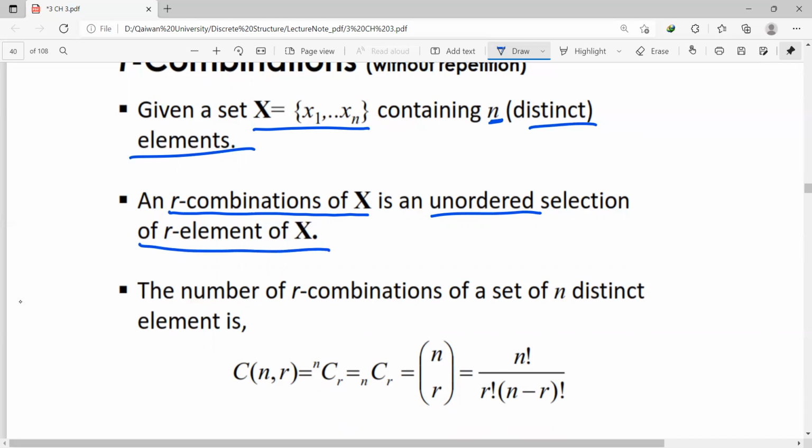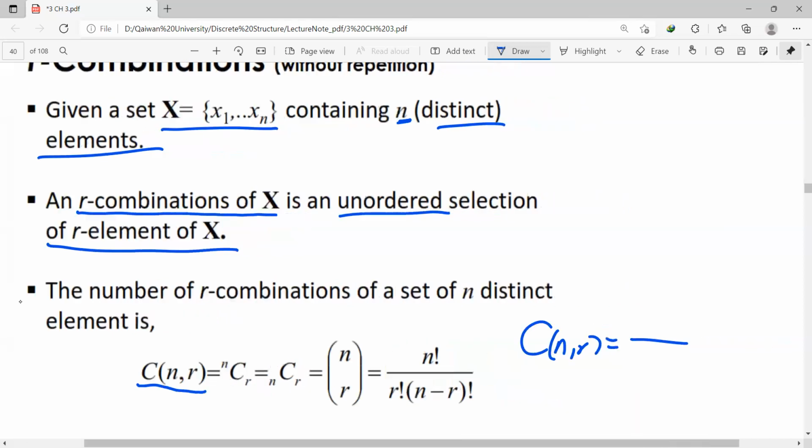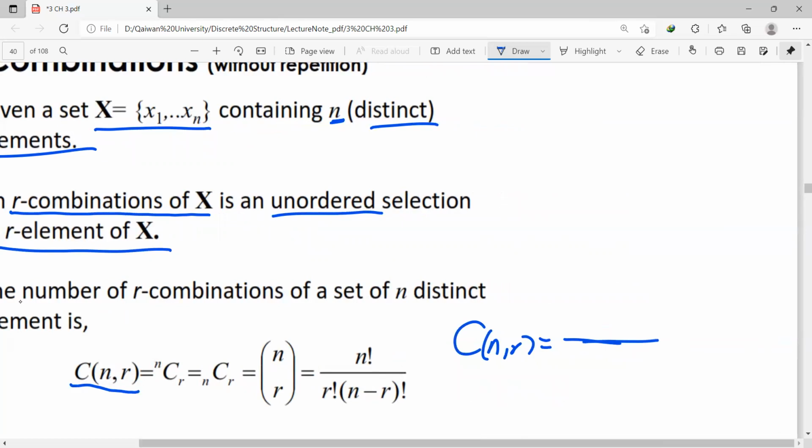If we want to choose R elements from n elements without caring about ordering, we must use combination. Here, we say C(n, R). What does it equal? This is the rule: n factorial divided by R factorial times (n minus R) factorial.